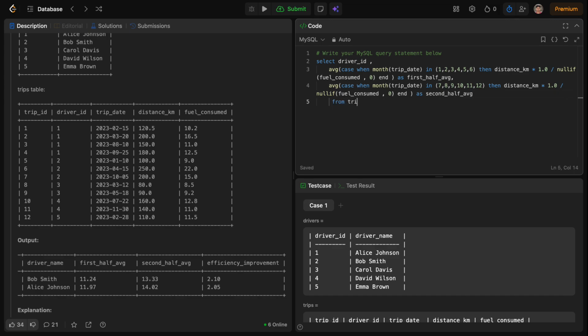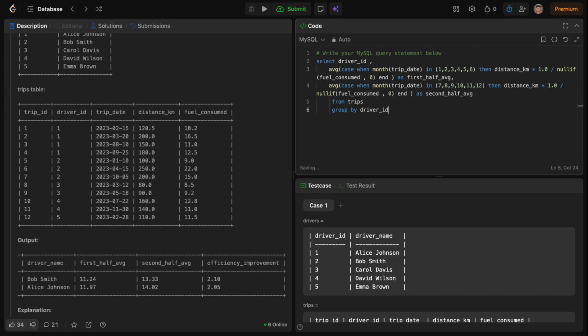From which table? From the trips table. If you see here, we are using the aggregate function average twice, but for driver ID we don't use any aggregate function. It is simply in the select, so we have to group by the driver ID.